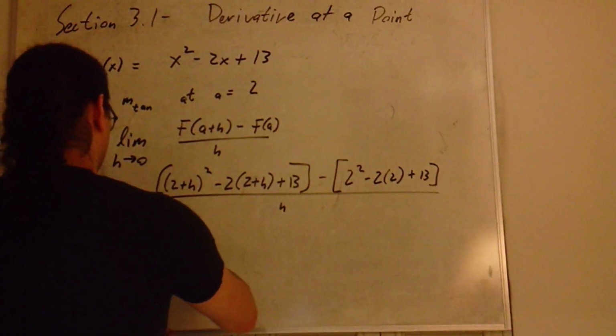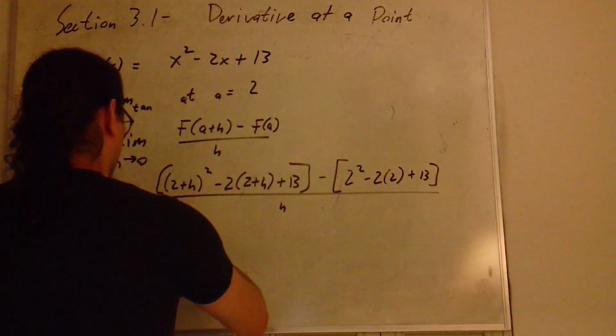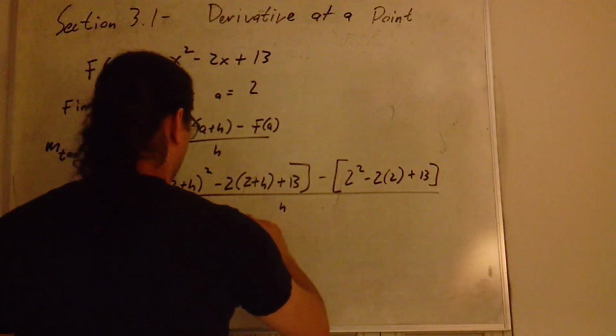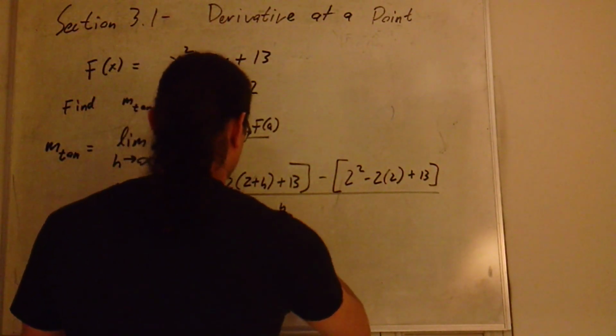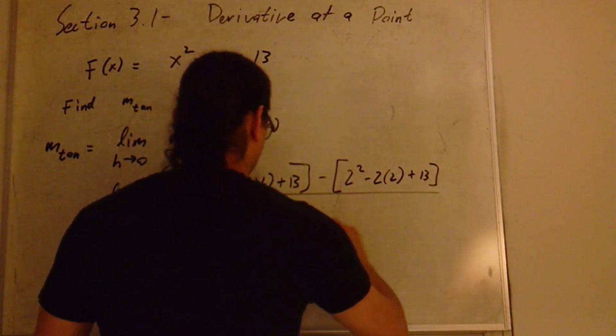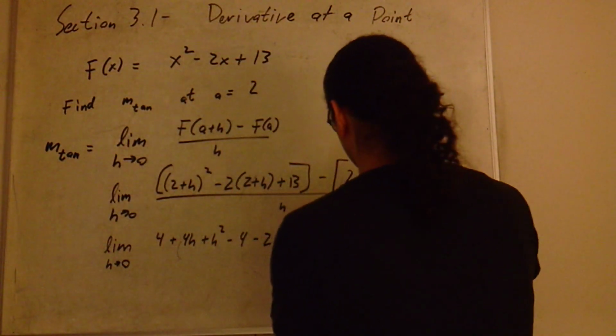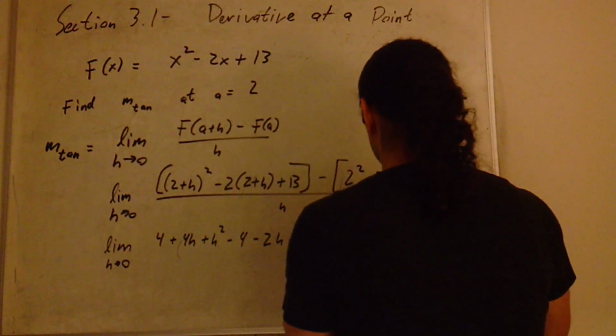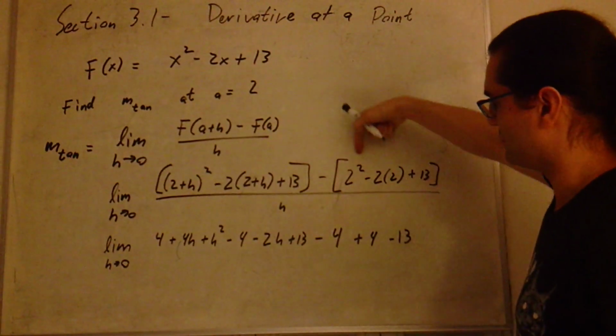This should be 4 plus 4h plus h squared minus 4 minus 2h plus 13 minus 4 plus 4 minus 13. We still have to distribute this negative sign in there.